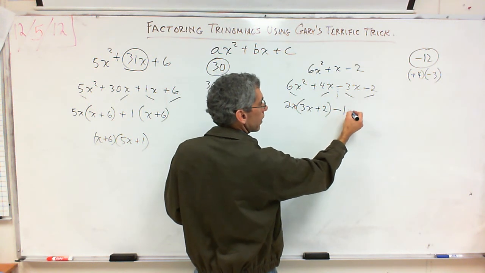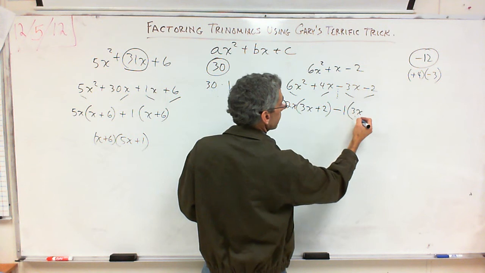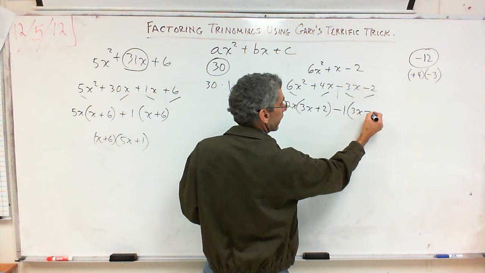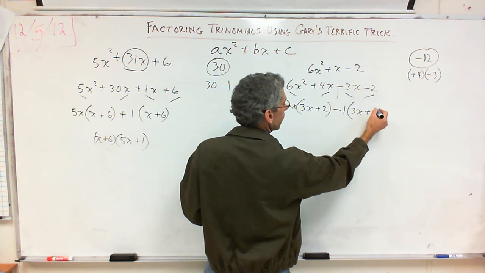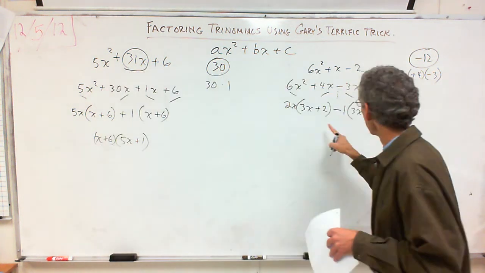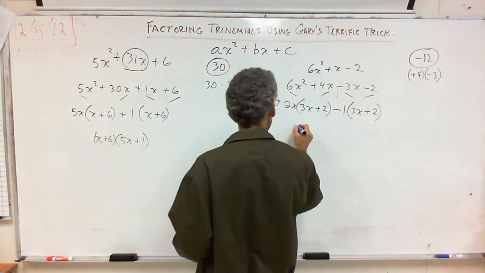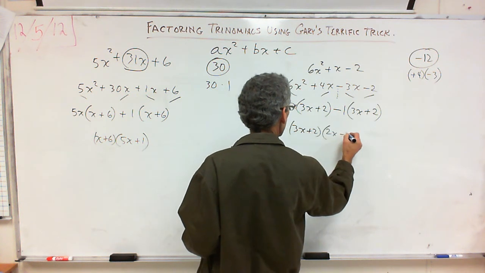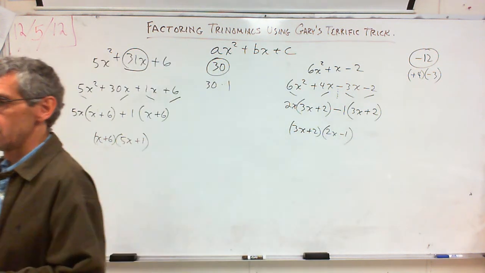So it's just going to be 1, 3x, now negative times positive would equal negative, so that's going to change there, plus 2. There we go. I have my blobs again. So 3x plus 2 times 2x minus 1, and we're done.